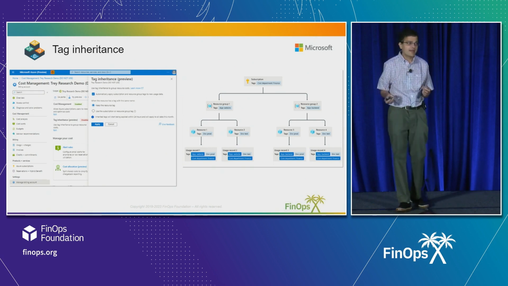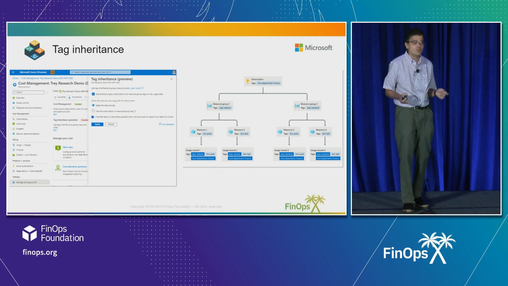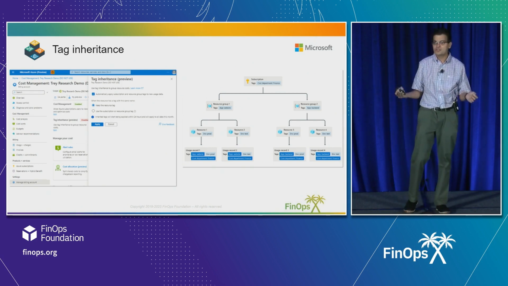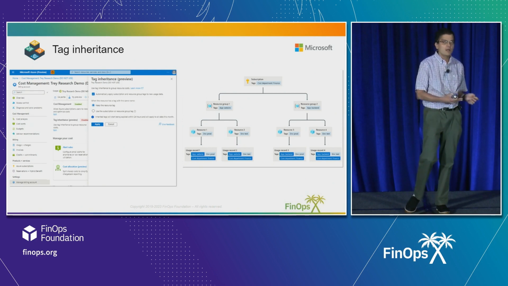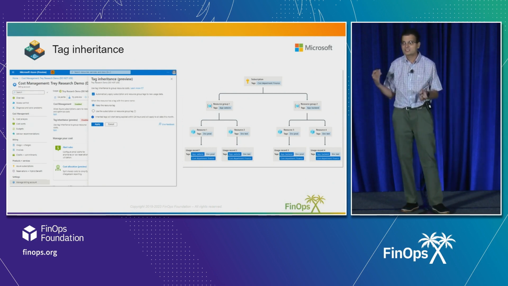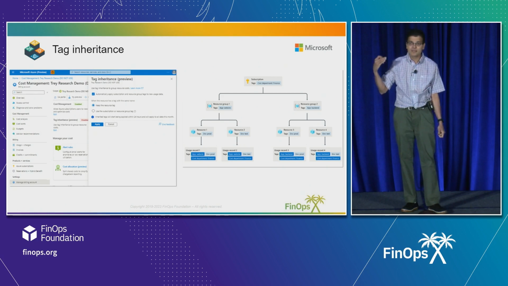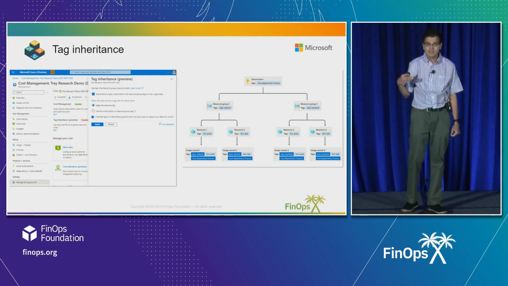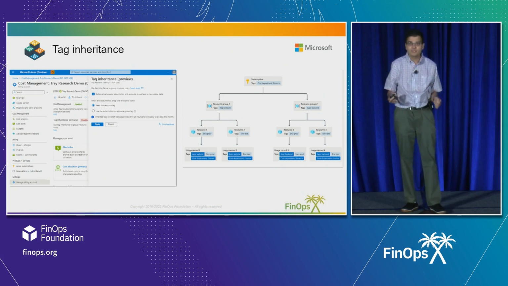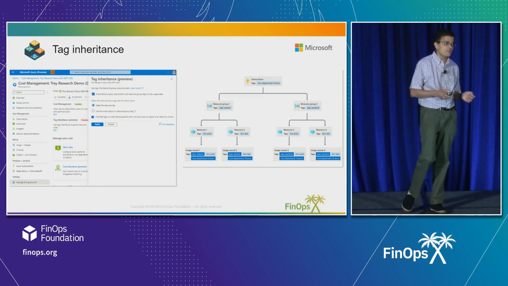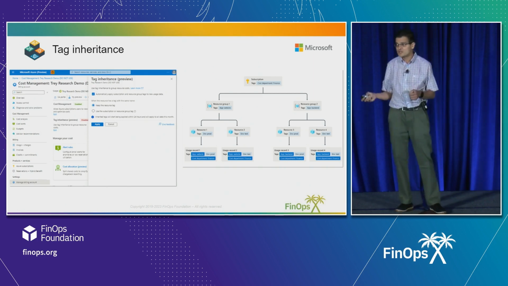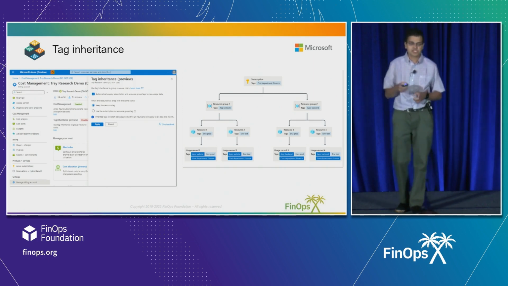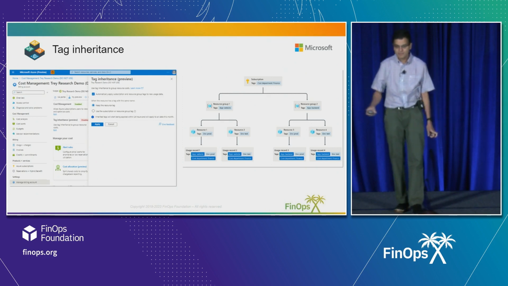With inheriting tags, as cost usage is flowing, that usage gets tagged using the container level tags. Again, developers don't have to remember, when a resource is created, to apply a tag like production or a department tag.